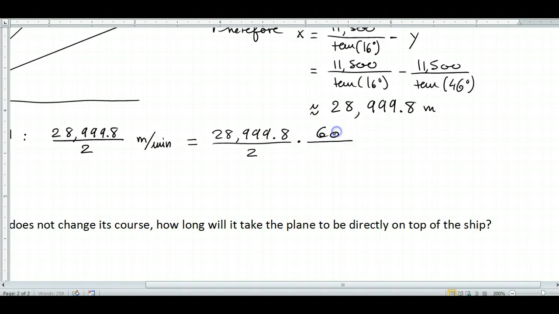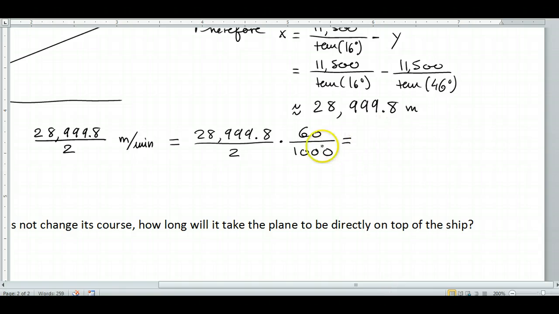So you multiply by 60 over 1,000, right? And this is just what? Okay, let's simplify. So 3 over 100.